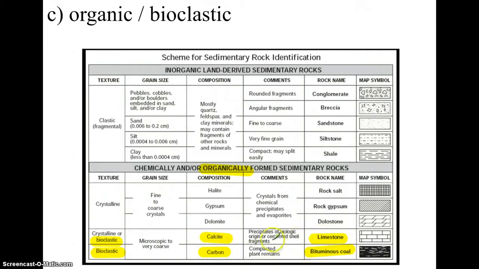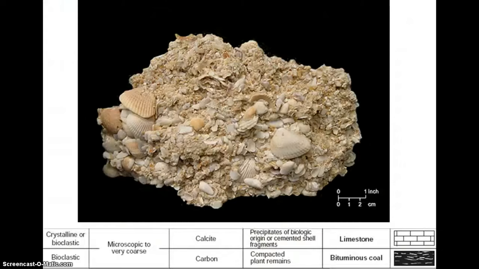So limestone, when it's formed this way, is formed from cemented shell fragments that are clumped together. So here's a piece of limestone that has a bioclastic texture. You can see all the shells. Some of them are quite large. Okay? And so basically creatures die and their shells clump together and they turn into limestone.